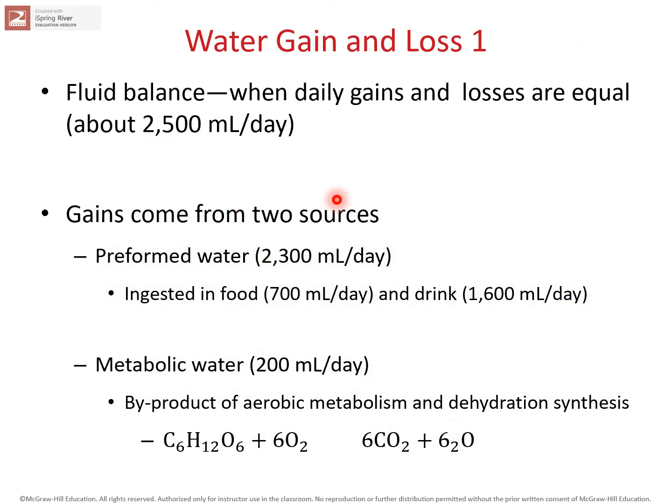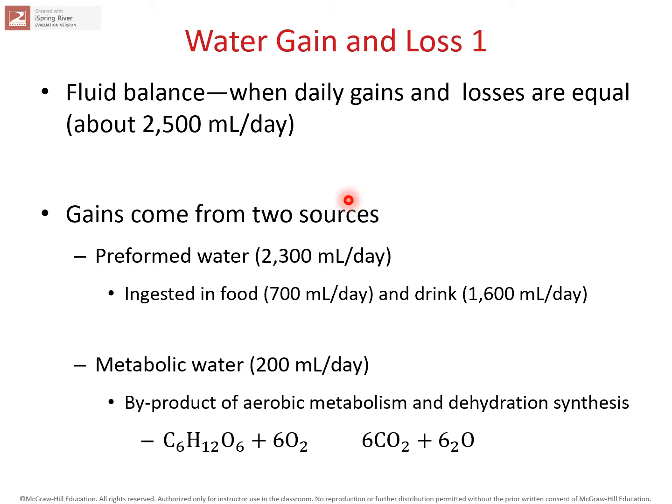So the human body, we drink and lose about the same amount of water every day, about 2000 to 2500 ml per day. And the losses can be in the form of perspiration.